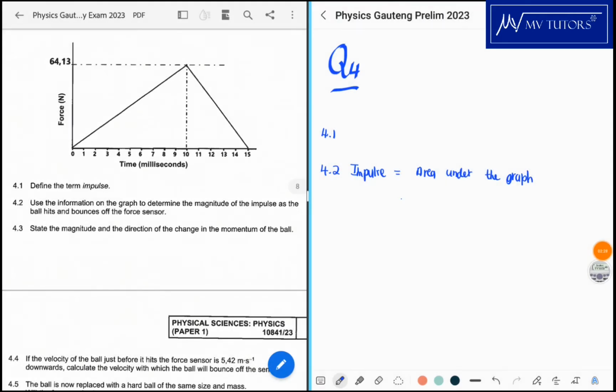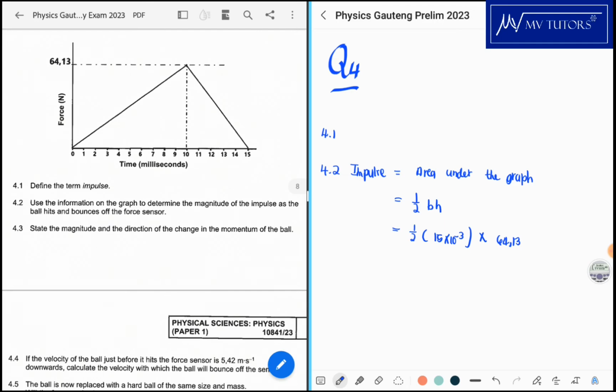And since we have a triangle, we're going to use half base times height. Our base is 15, but remember we are dealing with milliseconds, so we should say 15 times 10 to the negative 3. And our perpendicular height is 64,13.